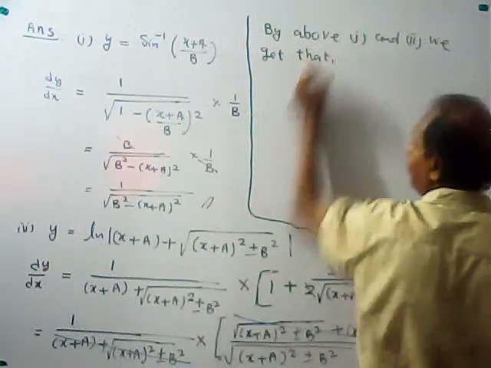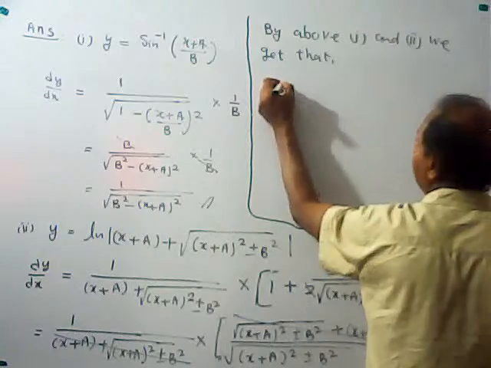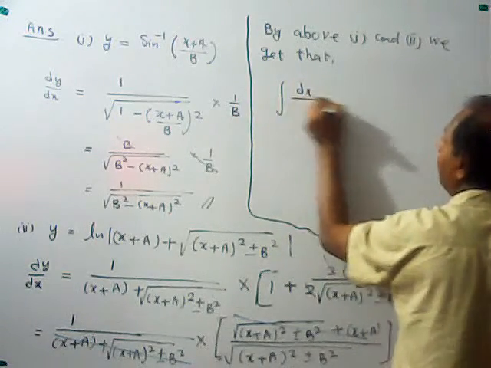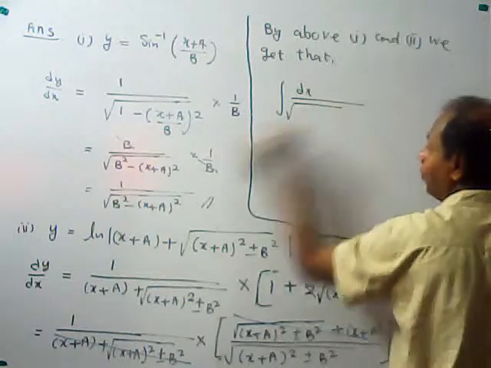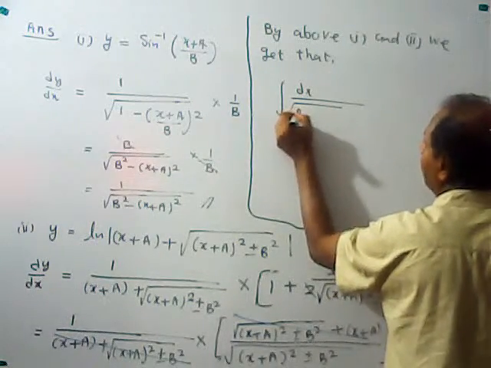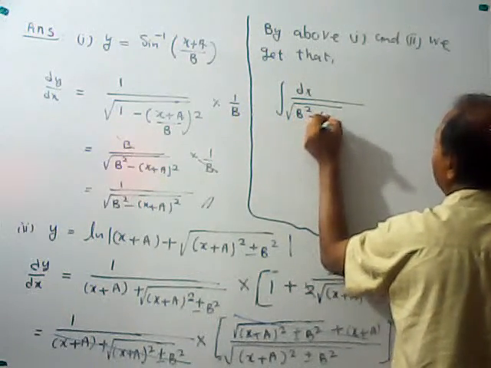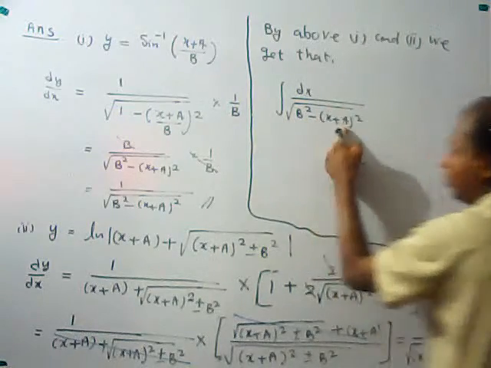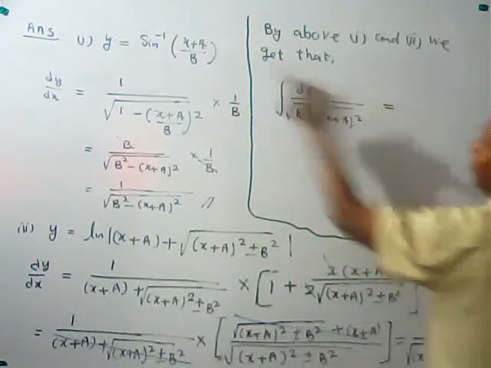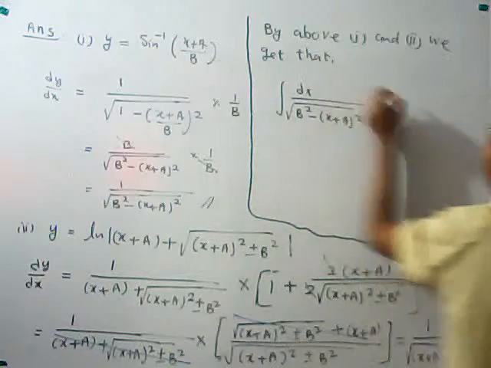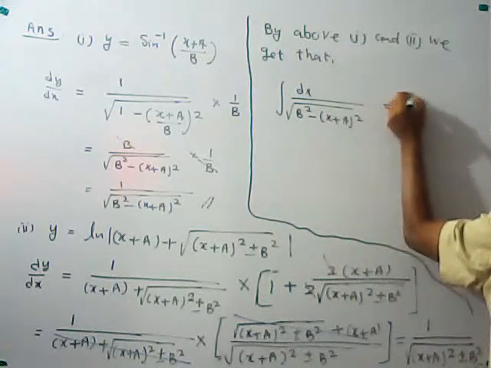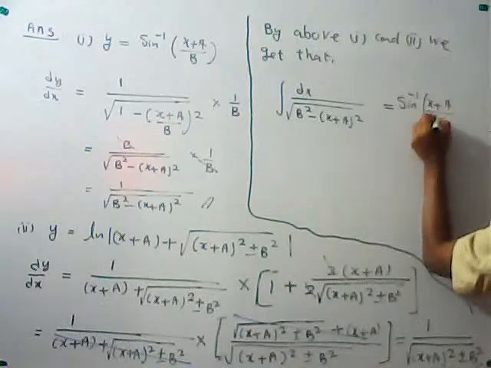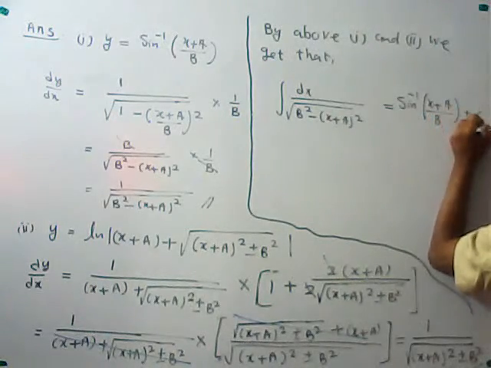From 1 we get the integral of 1 over square root of b squared minus x plus a squared, a and b are some constants, is equal to sin inverse x plus a over b plus the constant c.